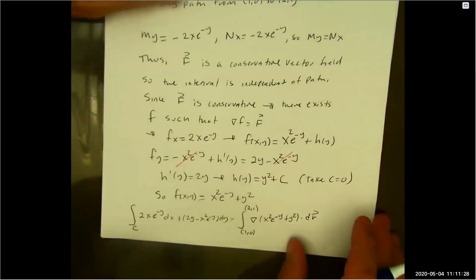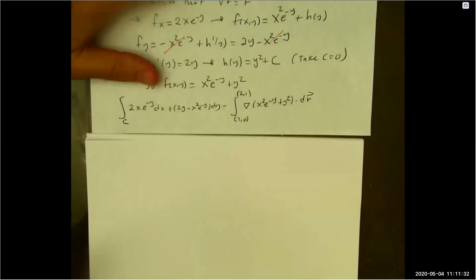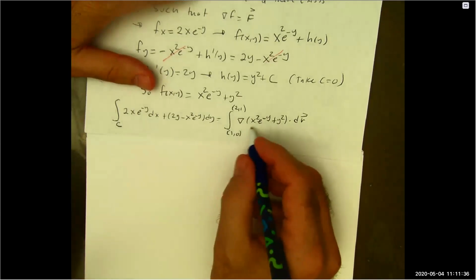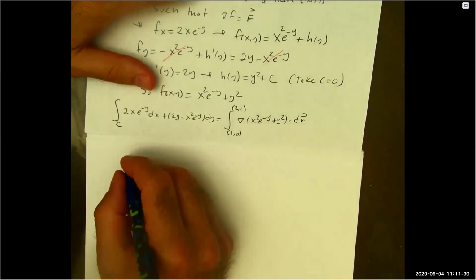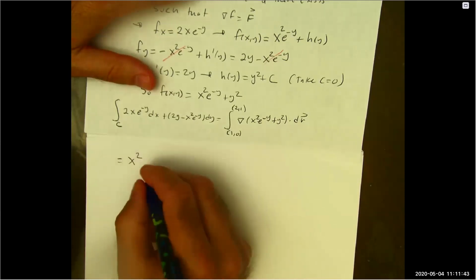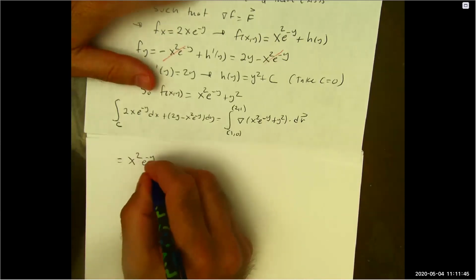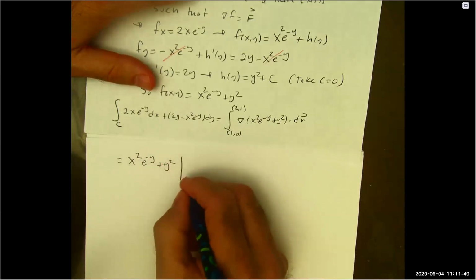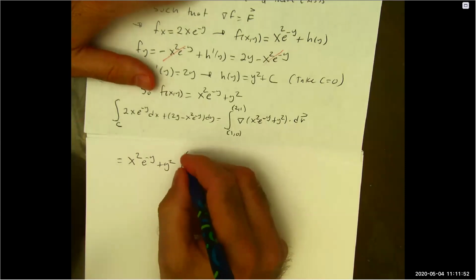And then by the fundamental theorem of line integrals, the integral just gets rid of the gradient. So we're going to have x squared e to the negative y plus y squared, and we're going to go from (1, 0) to (2, 1).